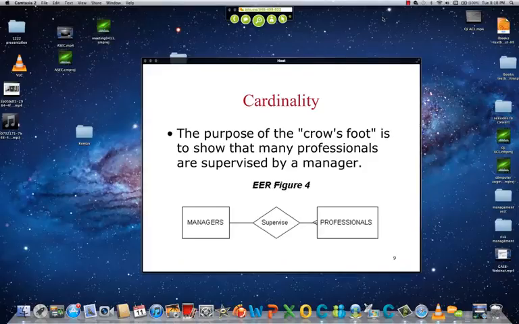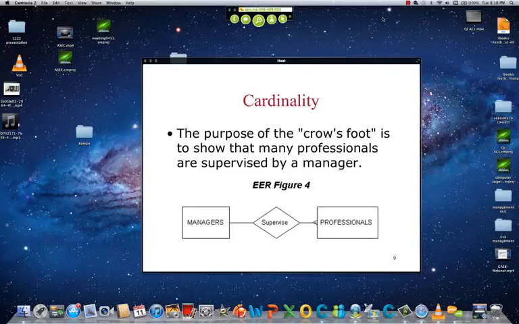So now, given what you know from chapter 6, if I ask you, what is the relationship between professionals and managers? What should you say? Many to one, okay? So direction is important. Managers to professionals, the relationship is one to many. Professionals to managers, the relationship is many to one. It's the other way around. Okay?